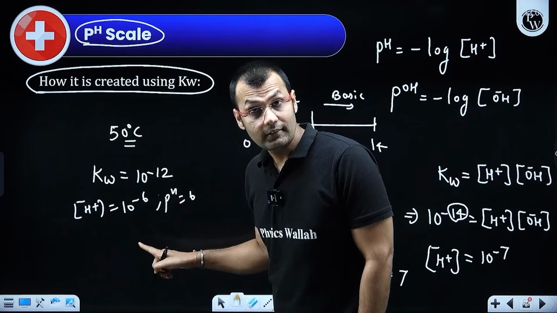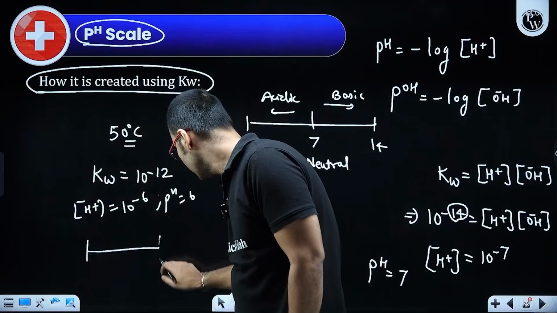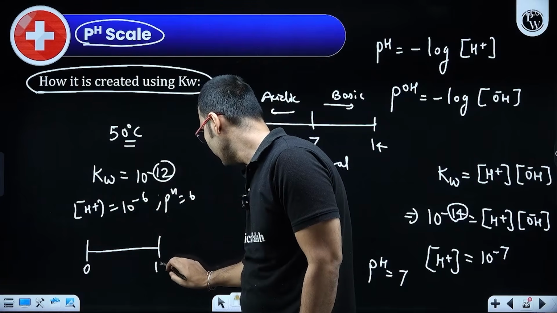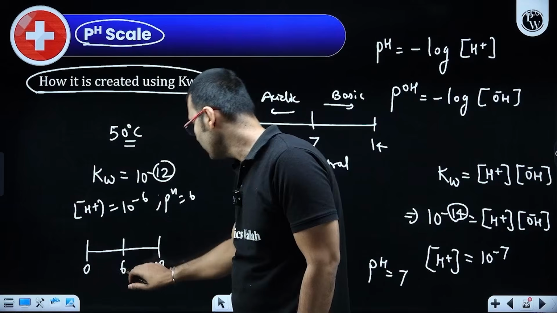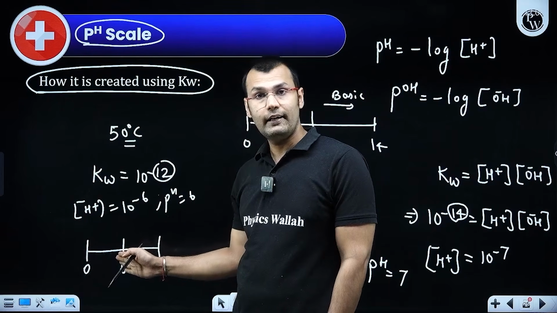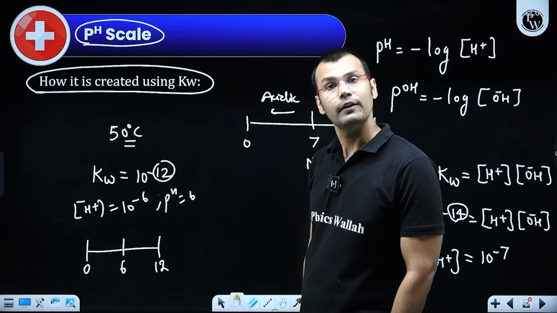So in this case, the pH scale will change. It will be from 0 to, what is the power of Kw? 12. So 0 to 12, and in between, 6 will be neutral. So the pH scale will be 0 to 6 acidic, at 6 neutral, and from 6 to 12 basic. Correct?